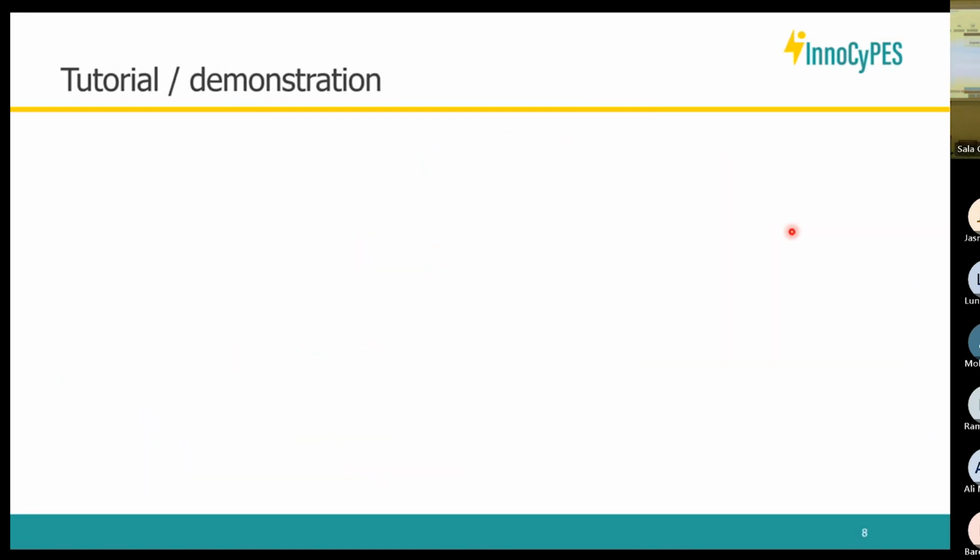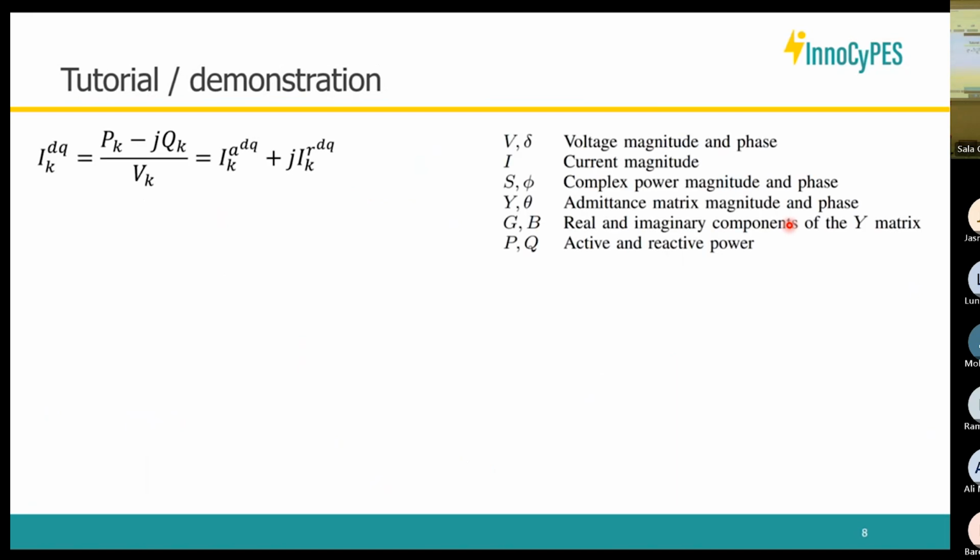So if you think about it, when a current is calculated in the DQ frame, it can be given by this equation right here.